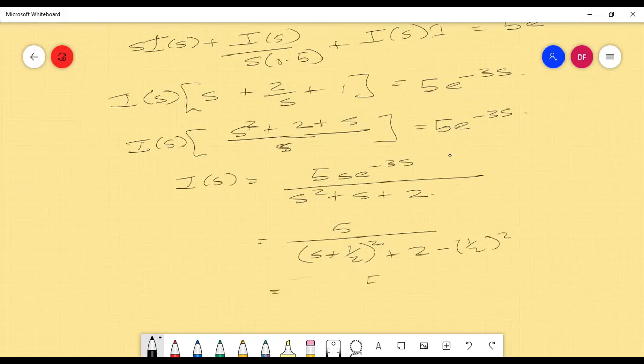That's 5S over S plus half squared. Notice I'm ignoring the e to the minus 3s; I will put it in afterwards. So 2 minus a quarter is 1 3/4, which is 7 over 4.